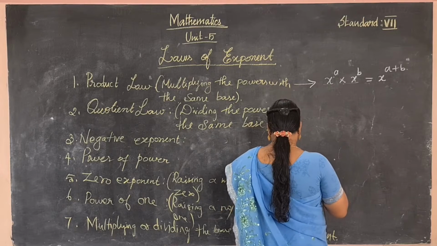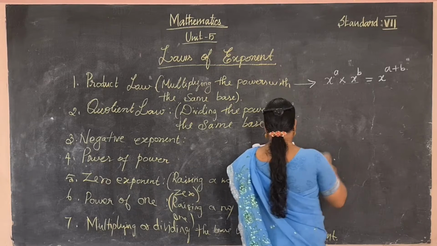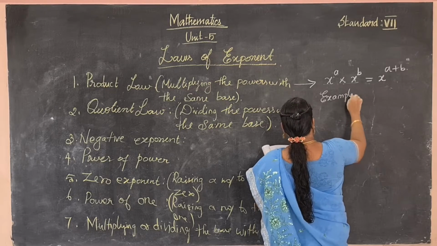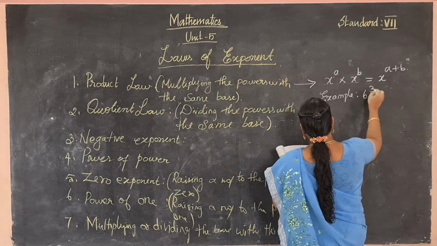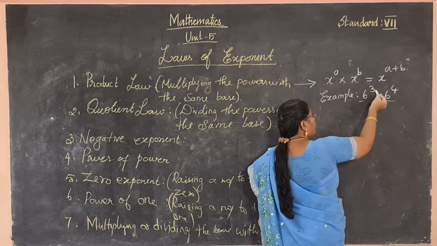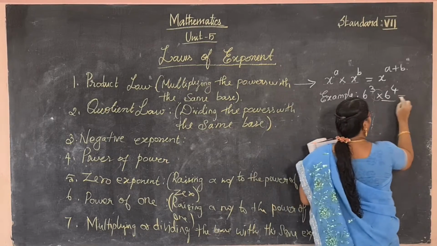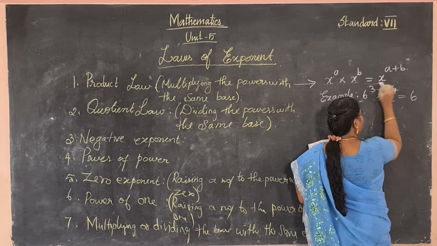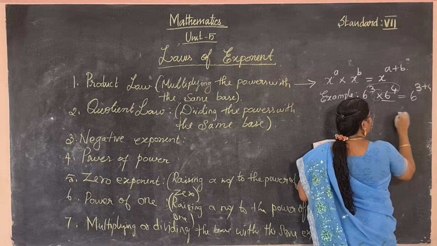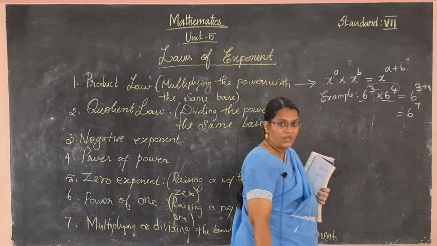Example: 6 power 3 into 6 power 4. The base values are the same. Which operation is given? Product, or multiplication. So what do we do? We write the base first, then add the powers. So 3 plus 4, and the answer is 6 power 7, or 6 raised to the power of 7.